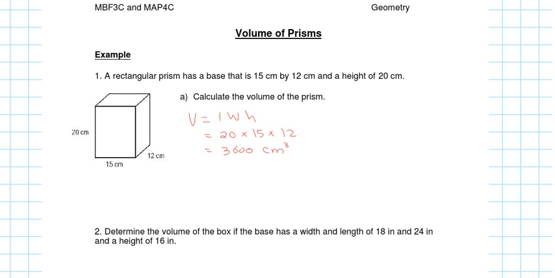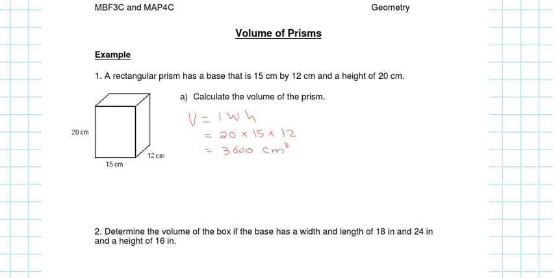At this point, I can leave it like this because the question is not asking me anything else. But if the question asks me to convert this to milliliter or to liter, do you know what the conversion is? You might not see it in your conversion sheet.